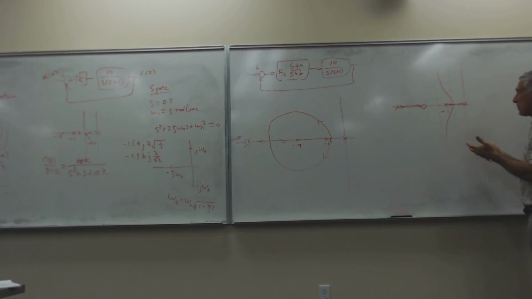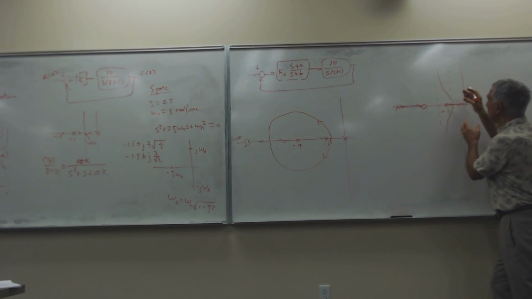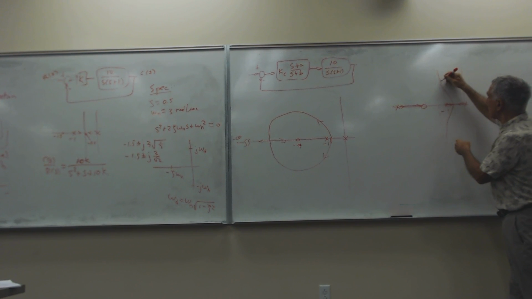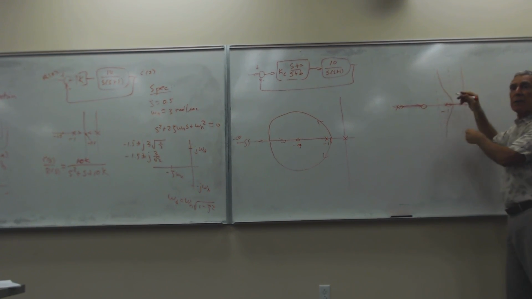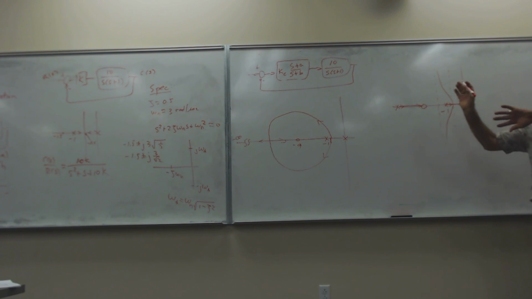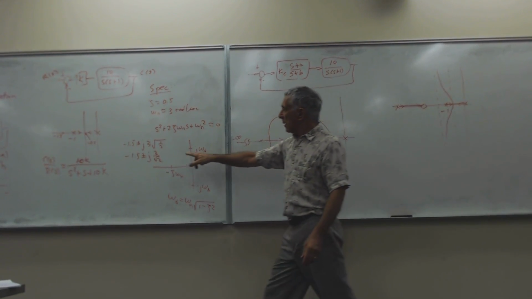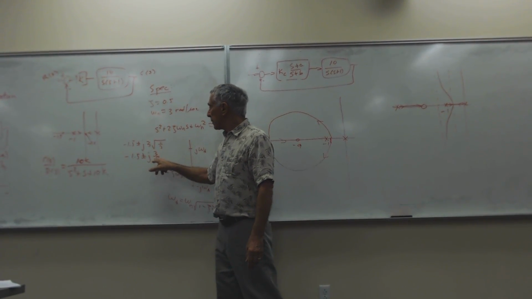But now, with the lead compensator here, we've reshaped the root locus, and it's possible to get the closed loop transfer function pole to be further into the left half plane, right? At the minus 1.5, plus or minus.